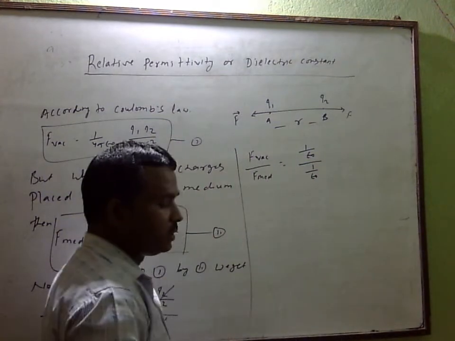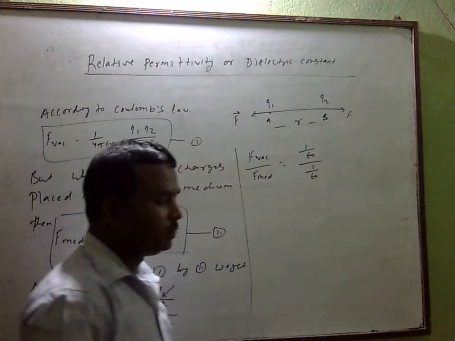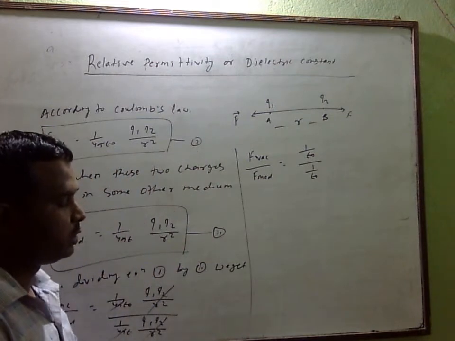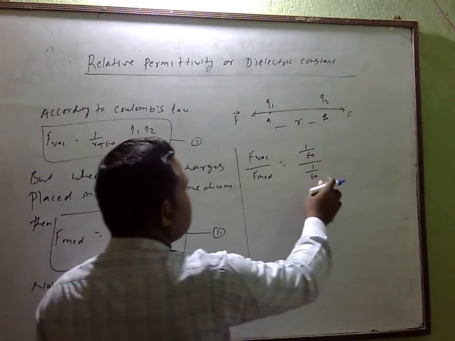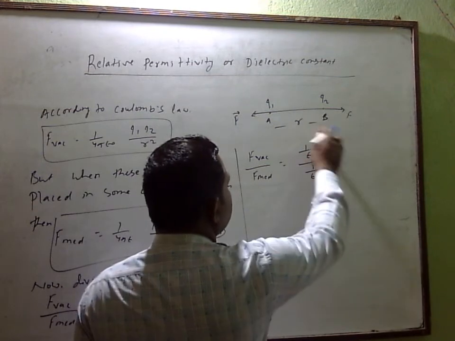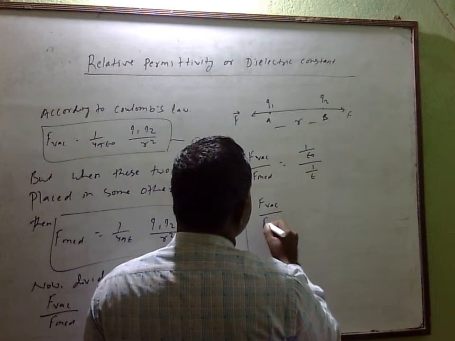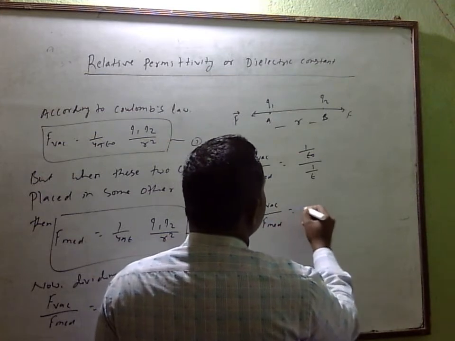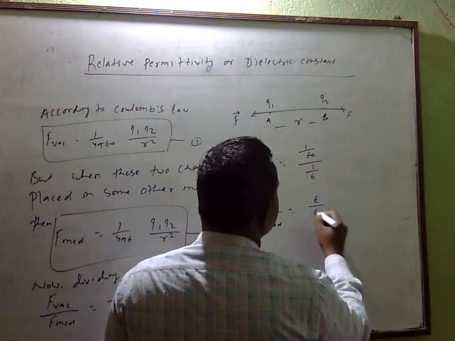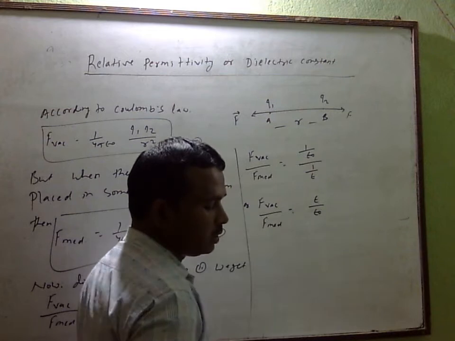If we arrange this, it goes upward, so you can write F vacuum by F medium equal to epsilon by epsilon naught.